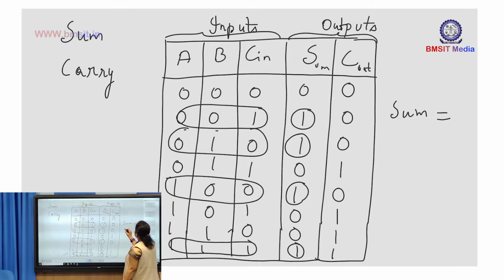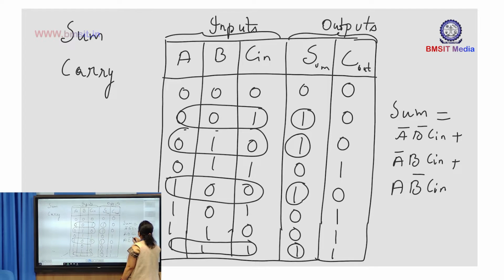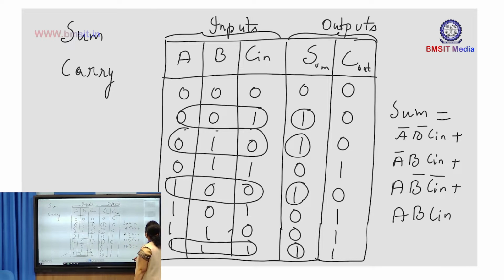So I can write that as A bar B bar C in, plus the next one A bar B C in, plus the next combination A B bar C in bar, plus the last combination A B C. Okay, fine.